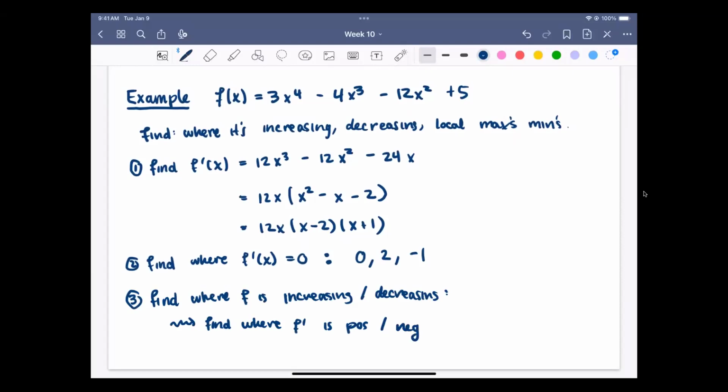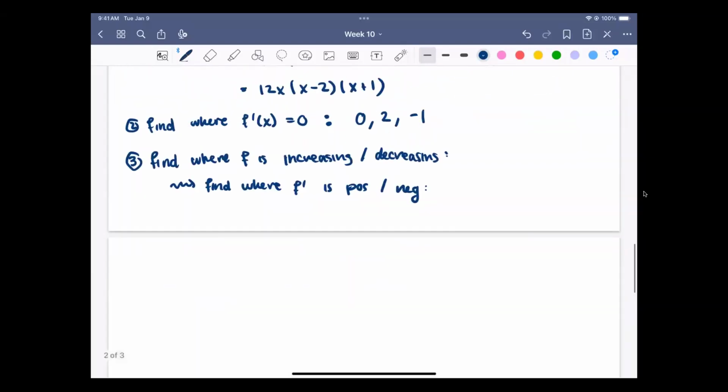Okay, so we can draw this picture of the real number line, and we have, let's say, -1 here, 0, and 2. So f prime is 0 at these 3 places, and it's continuous everywhere else. So that means that on this whole interval, it could only either be positive or negative. Here, it's either positive or negative, and same thing here, and here as well.